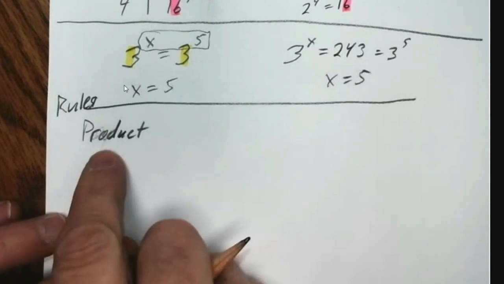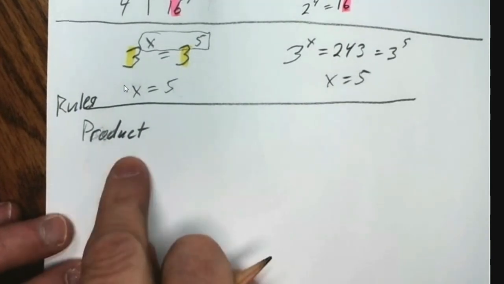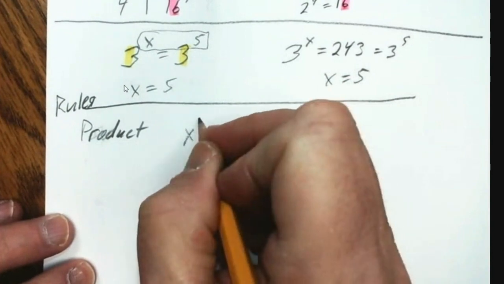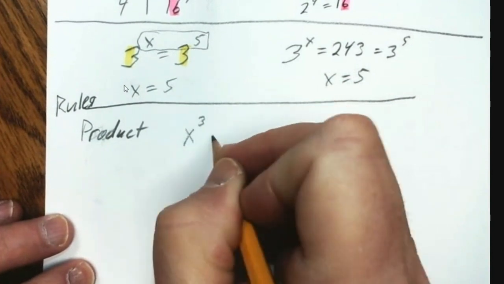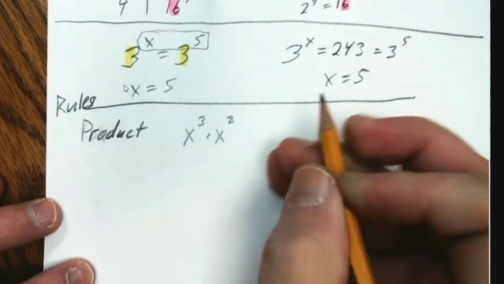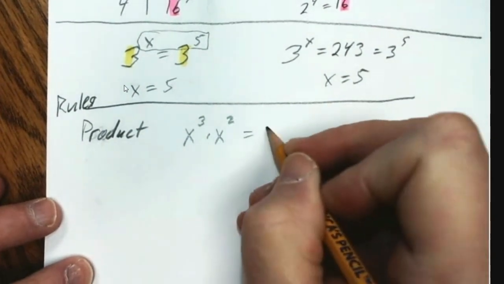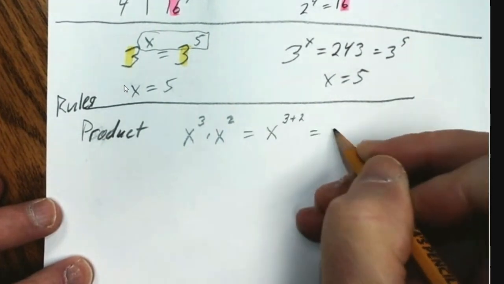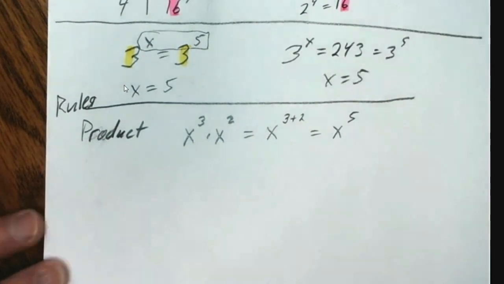When we talk about the exponent rules for product, if we have x to the third being multiplied by x squared, we know we can just take the 3 plus the 2, and that is x to the fifth.